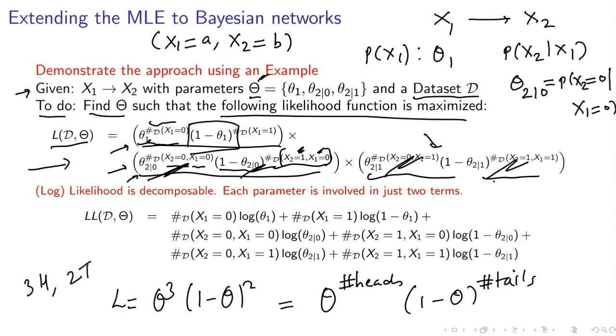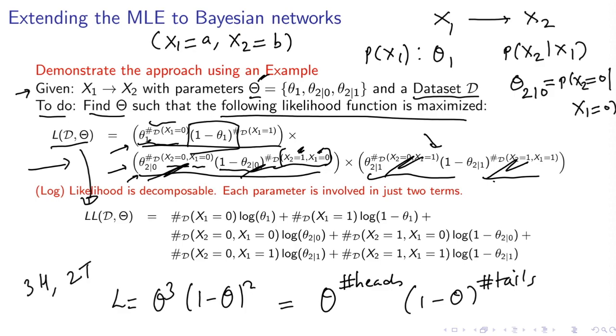As we said in the previous slide, it is often a good idea to consider log likelihood of data rather than considering likelihood of data, okay? Because it's easy to differentiate the log likelihood rather than differentiating the original form of likelihood. So what I'm going to do is take the log of this expression and write the expression for log likelihood.